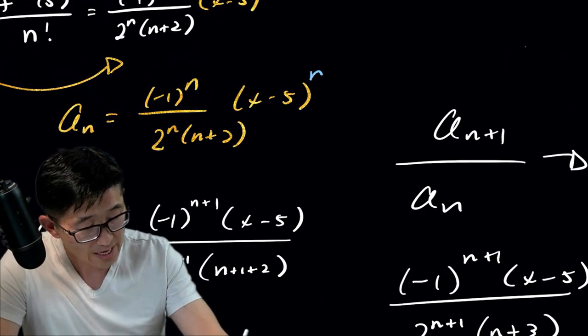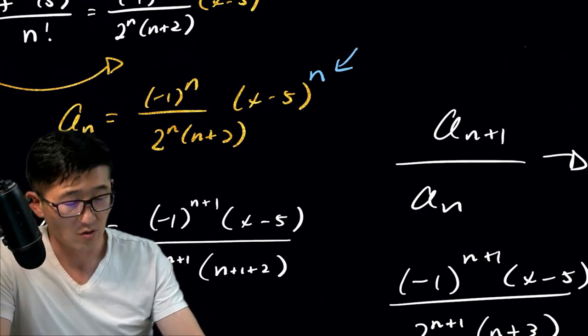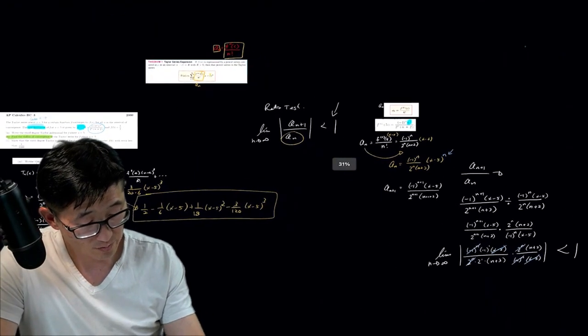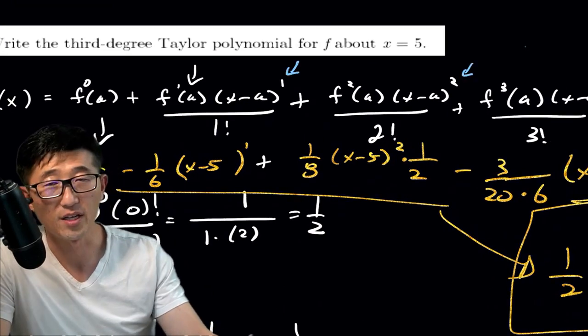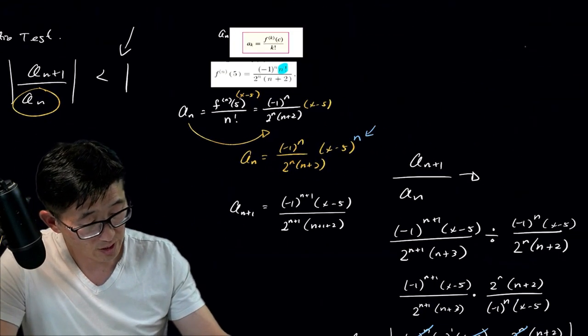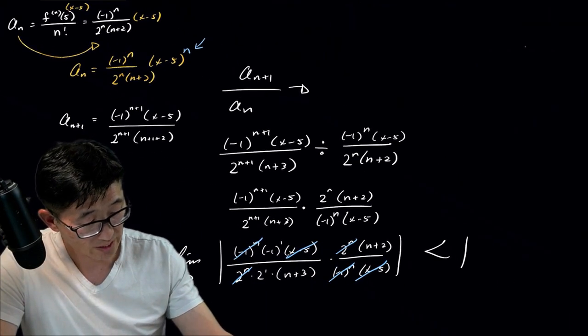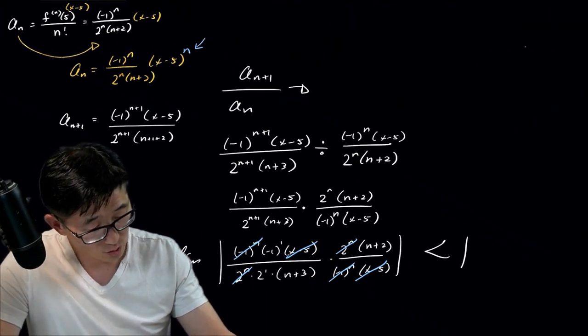I forgot to put the n right here. Okay, for Taylor series expansion, right over here. This right here, see this? That's your n. Okay, so that's a big problem because if I didn't do that, everything will just kind of cancel out.